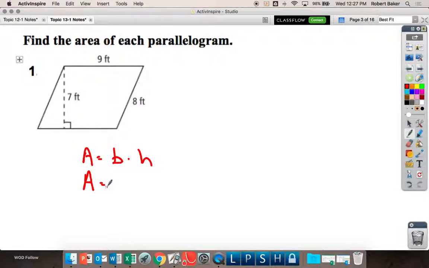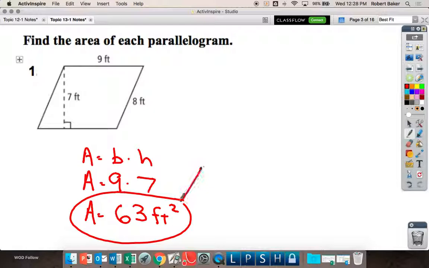What is the base that you have to use? 9. So area is equal to 9 times 7, and then you do 9 times 7. Area equals 63 feet squared.